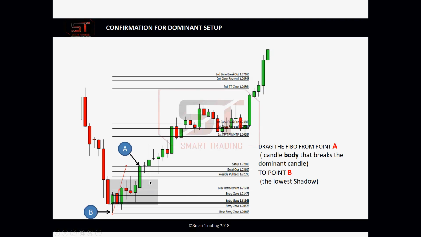This candle managed to break through the dominant body of this candle. Then from here we pull it to point B, which is the lowest peak or the lowest shadow at this particular area. After you pull the Fibonacci, it will give you the TP projection from TP1, TP2, and obviously TP3.